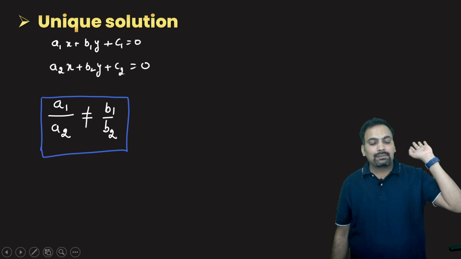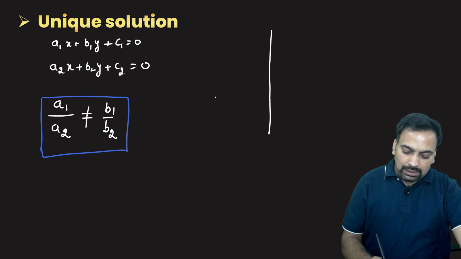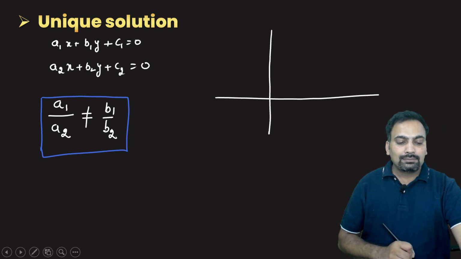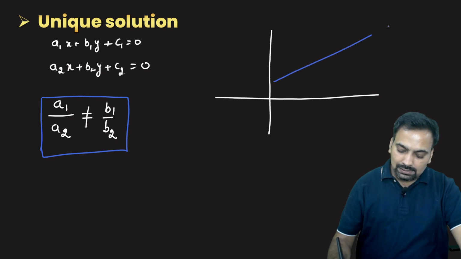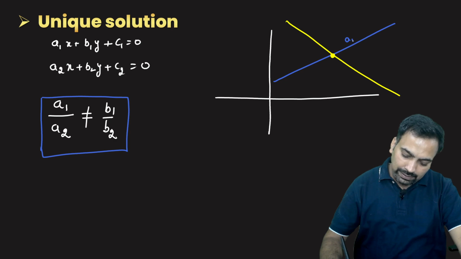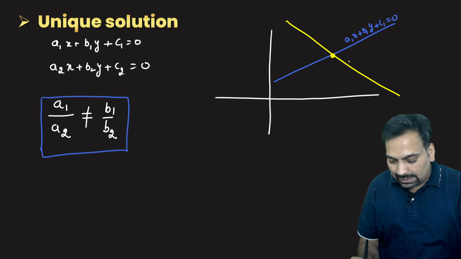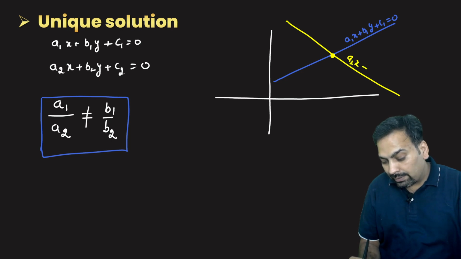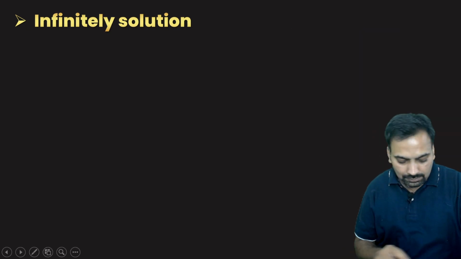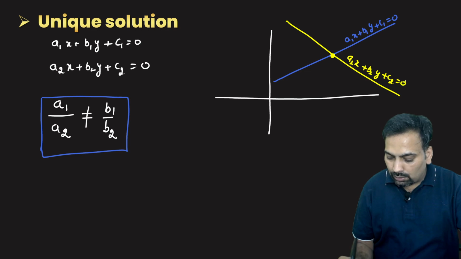Graphically you can see this. When you draw the graph, there are two lines, the blue line and the yellow line. Let's suppose the blue line equation is a1x plus b1y plus c1 is equal to 0, and the yellow line equation is a2x plus b2y plus c2 is equal to 0.